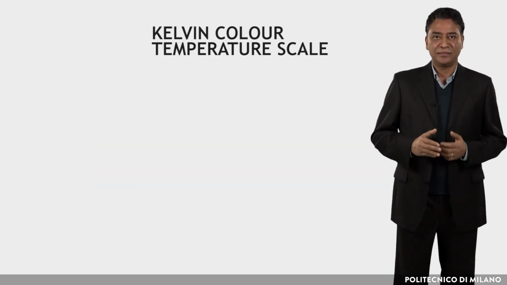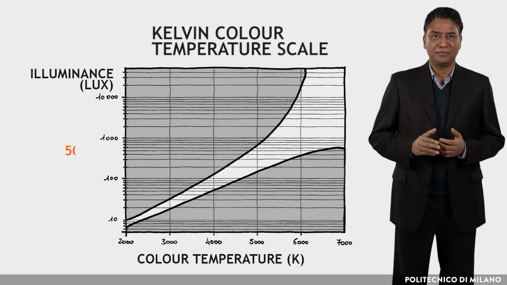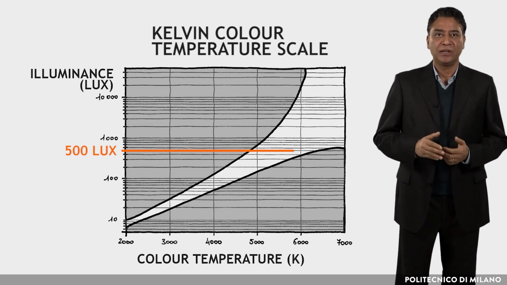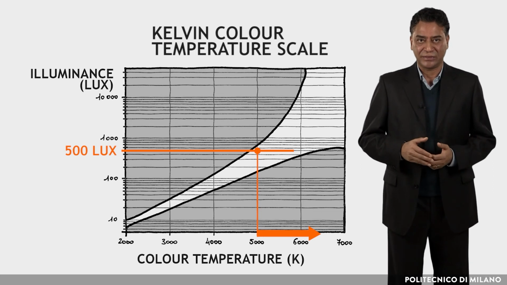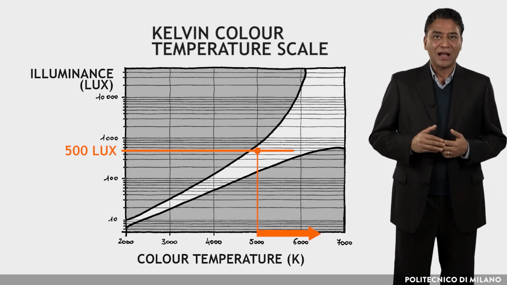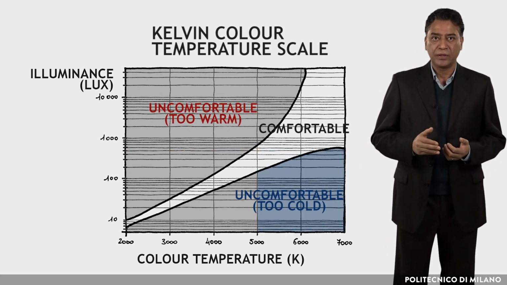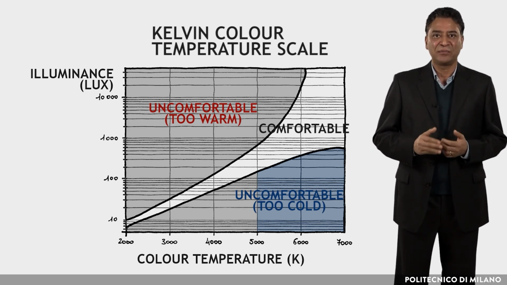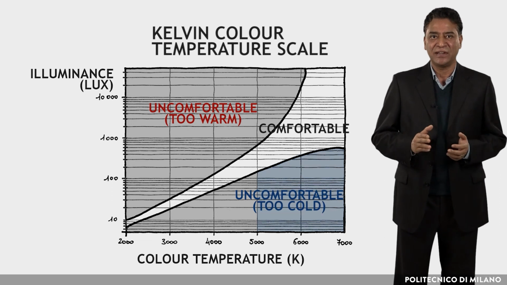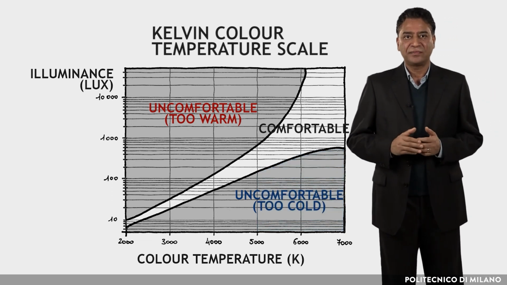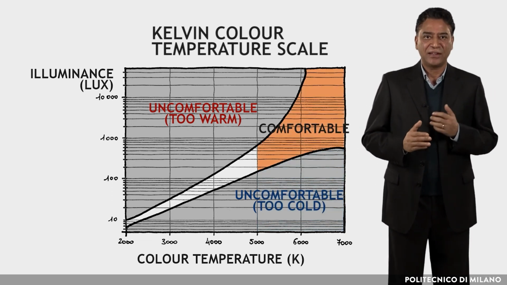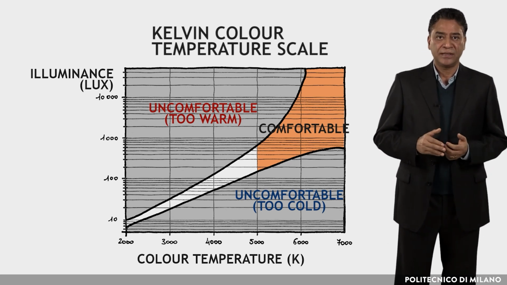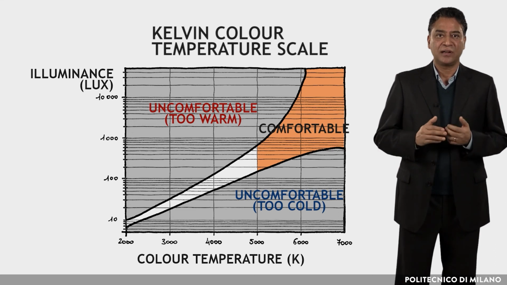If the general level of illumination exceeds 500 lux, it may be preferable to use 5000 Kelvin sources. Sources with higher color temperature, when used with lighting levels below 500 lux, create an atmosphere cold and unpleasant. High values of color temperature should be associated with high levels of illumination. That is what happens with natural light outdoors.